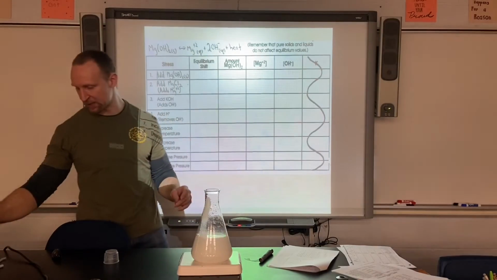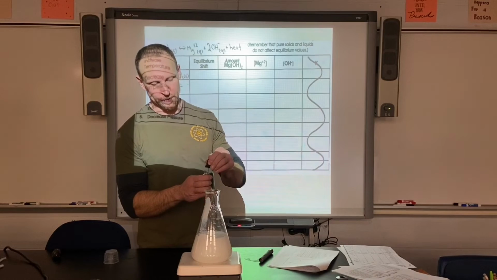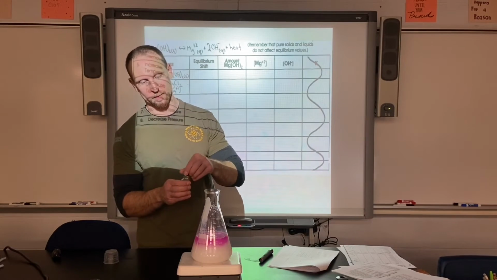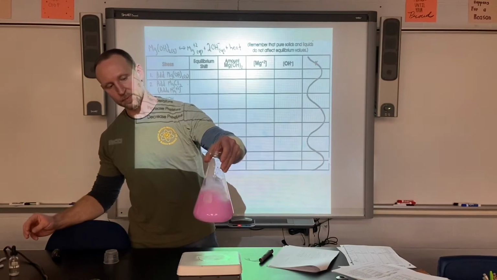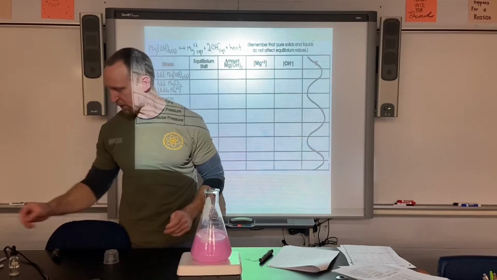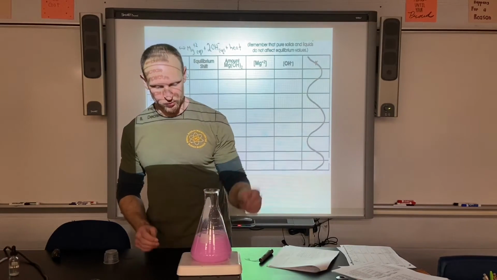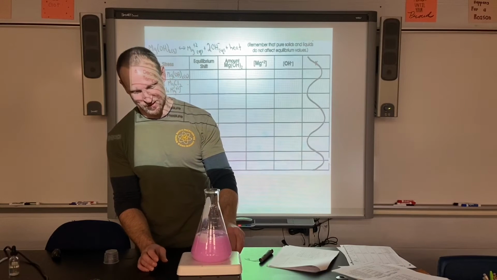So if it's a base, I'm going to add a little phenolphthalein, and that's going to make it turn pink. So let's swirl that up. See, it's turning a little pink there. So now, to help me along with this process, I'm going to put a little stir bar in there and get this thing stirring.